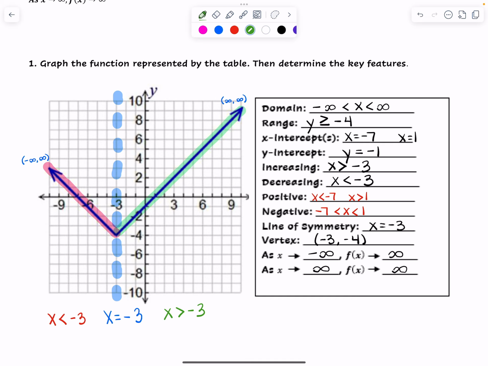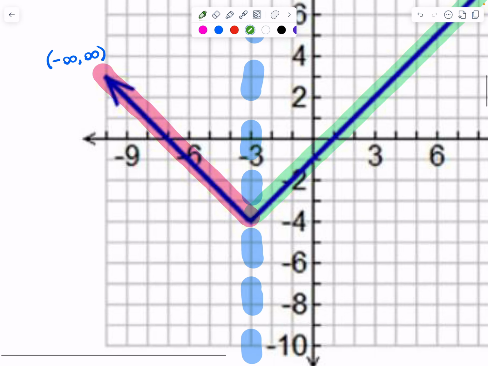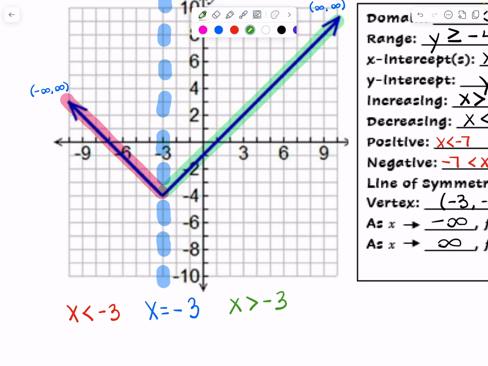So where is the graph decreasing? So let's go ahead and look at it. If I could just zoom in enough to look at it, and I kind of can't. I'm looking at this piece here. Let me see if I can outline it, okay? So this piece here going this direction.